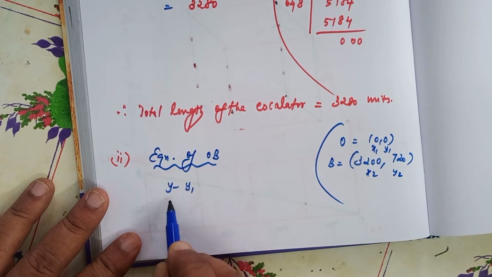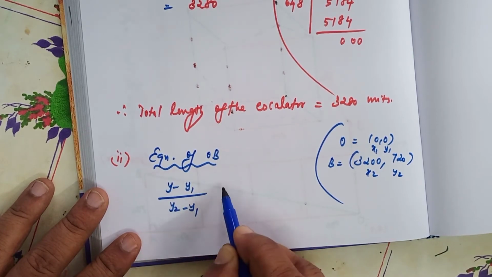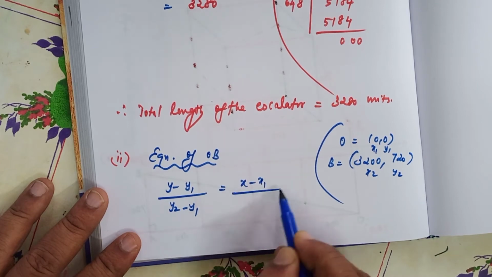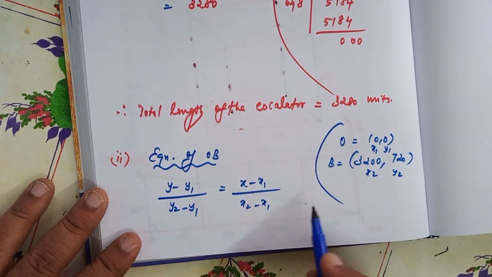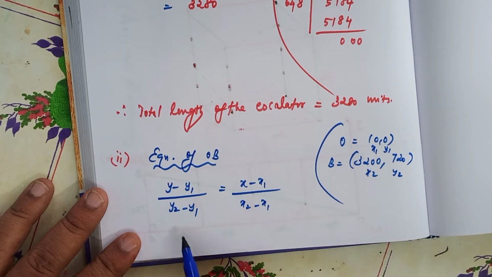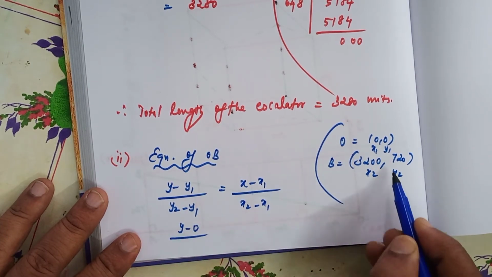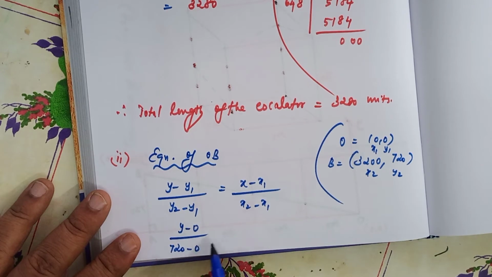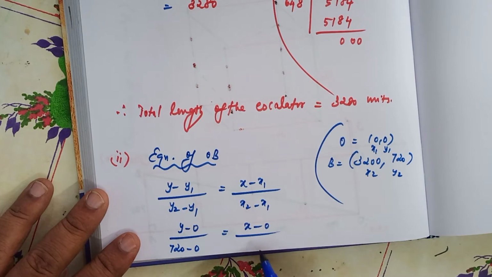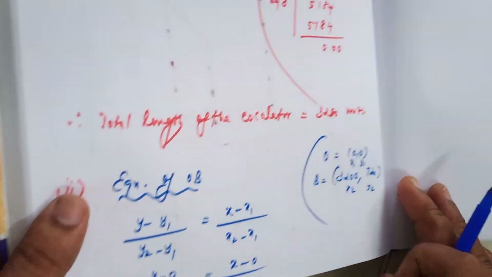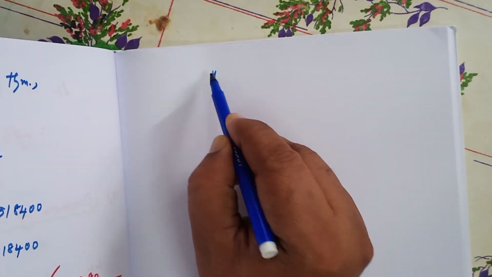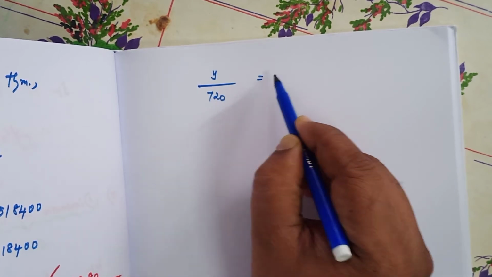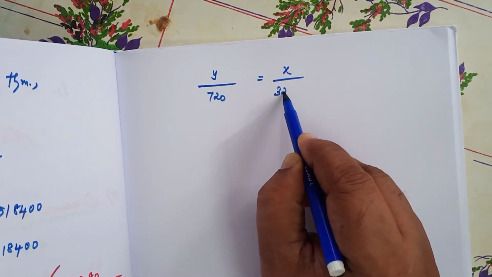Equation, you know, that is y minus y1 divided by y2 minus y1 is equal to x minus x1 divided by x2 minus x1. y minus 0 divided by 720 minus 0 equals x minus 0 divided by 3200 minus 0. So y by 720 is equal to x by 3200.